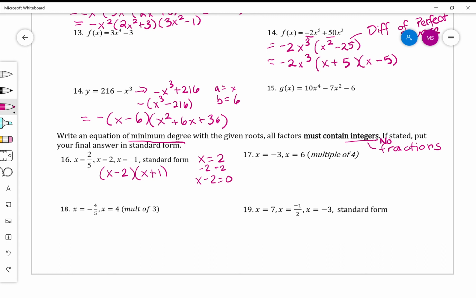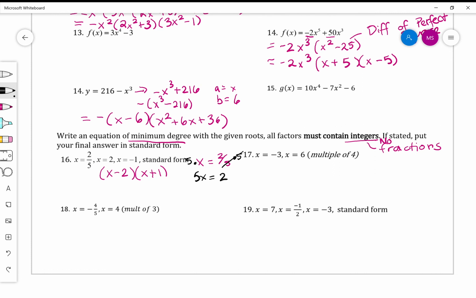So what that means is that when you're dealing with these fractions, so you have x equals 2 over 5, well, in order to move this, you have to get rid of your denominator. So what does that mean? You have to multiply both sides by 5. If you multiply both sides by 5, the numerator and the denominator cancel out. They equal 1. Then you have 5x equals 2.